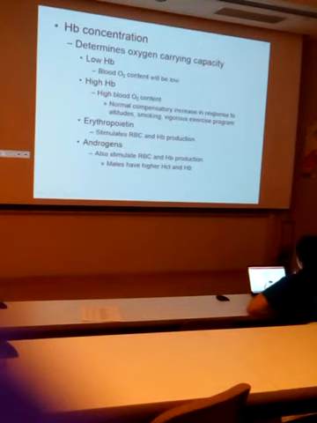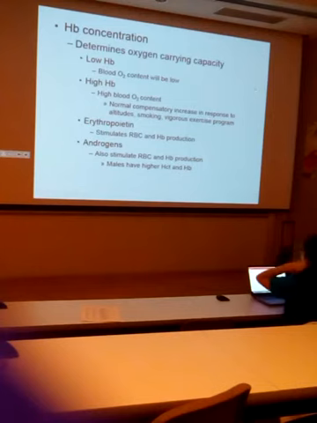All right, so hemoglobin concentration determines oxygen carrying capacity to a large degree. So if somebody has low hemoglobin, you can conclude that their total blood oxygen content would be lower than normal because hemoglobin carries so much oxygen. Does that make sense? If somebody has high hemoglobin, their total blood oxygen content would be higher than normal because hemoglobin carries so much oxygen.